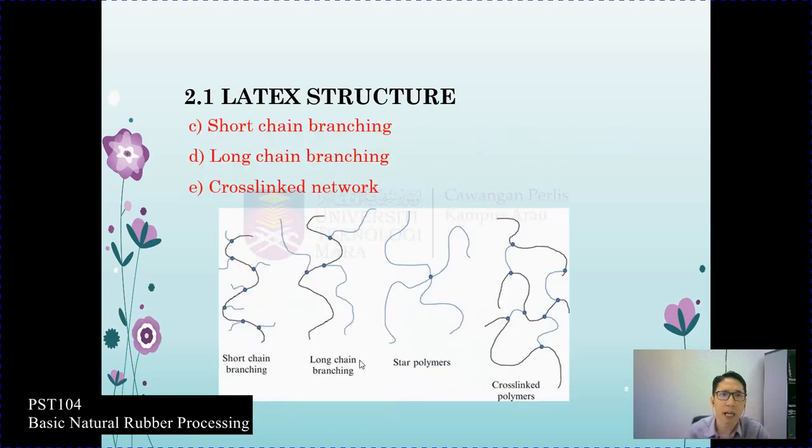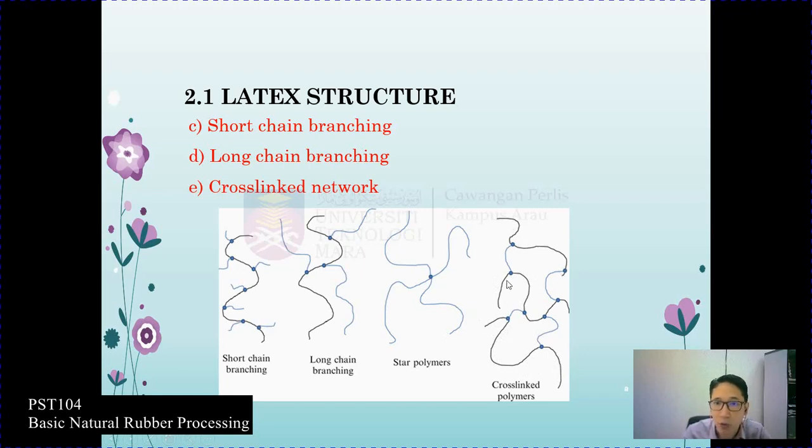Latex structure having a short chain branching, long chain branching, or cross-link network. Here you can see a short chain branching. Here is long chain and branching, and then we have a cross-link polymer, so that it joins to another backbone structure. The black line is a backbone structure.